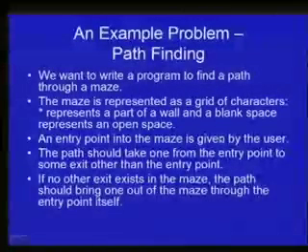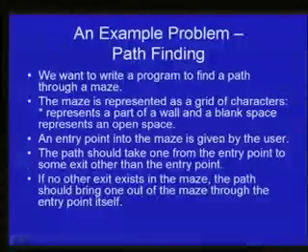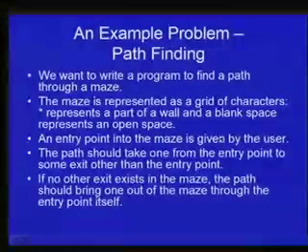We are given an entry point, and there is possibly another exit point in the maze, and we want this program to find a path from the entry point to the exit point. In some cases it is possible that there is no other exit point. In that case, the path should bring us back to the entry point itself, and we should get out from the entry point itself. But if there is another exit in the maze, then the program should take us to that particular exit.